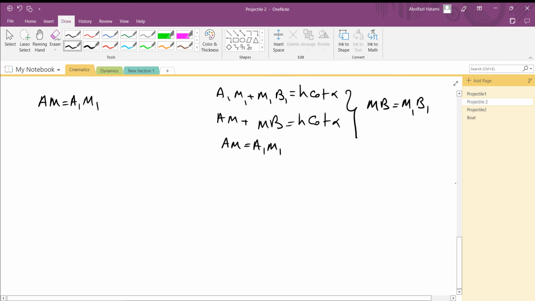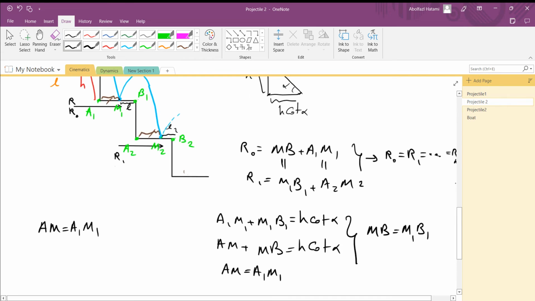So if we want to write the movement equation of the ball in the x direction, what should we write? We know that there is no acceleration in the x-axis, so the movement of the ball in the x-axis is just constant velocity movement.